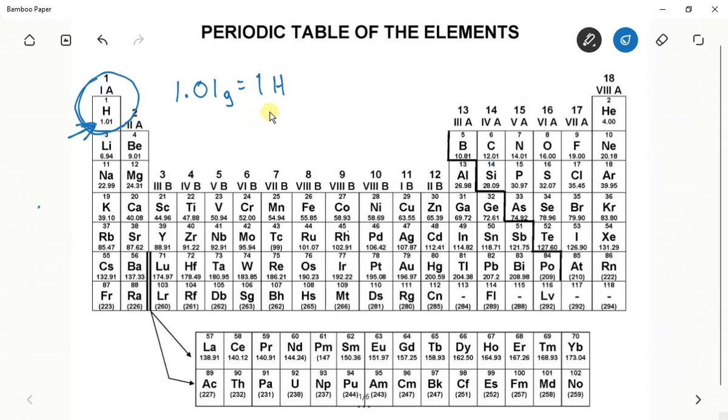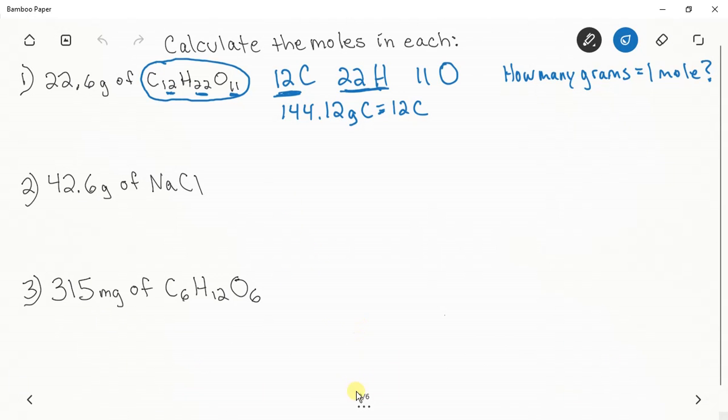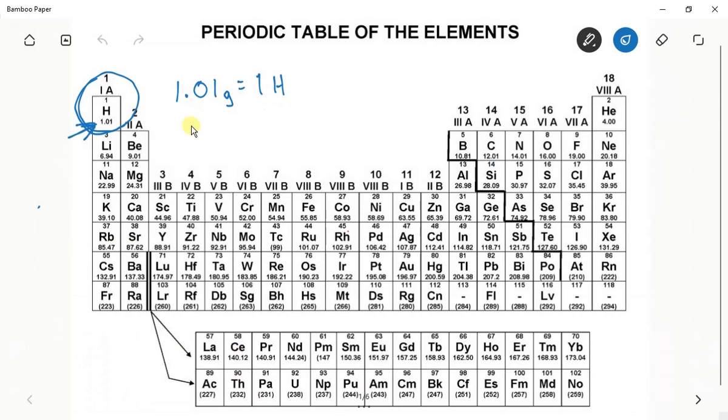But we don't have 1 mole of hydrogen that we're dealing with, do we? We have 22 moles of hydrogen. So we need to take this 1.01 grams and multiply it by the 22 hydrogens we have.